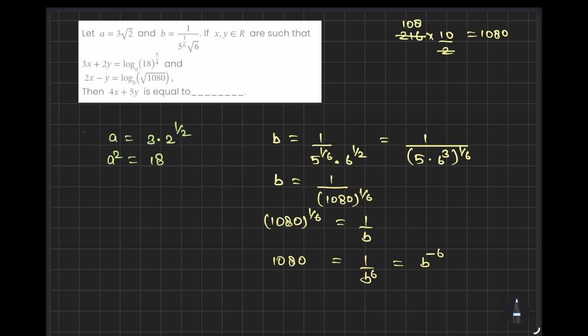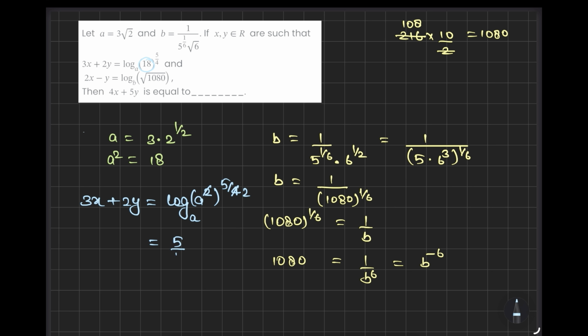Now start manipulating the equations. The first equation is 3x plus 2y equals log base a of 18. And 18 is a square, so can I write a power 2 power 5 by 4? You know that if anything is in the power of the argument, it will come as a coefficient.